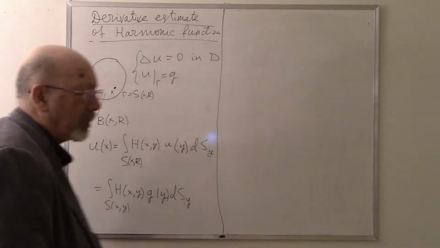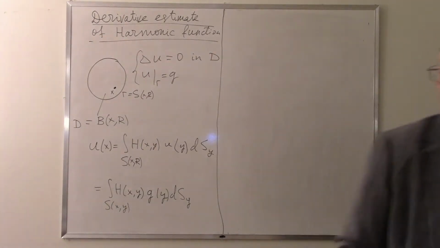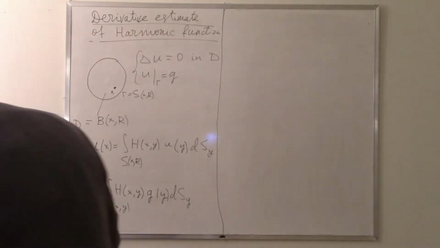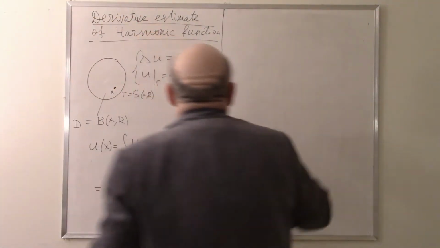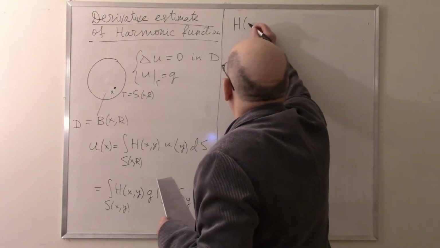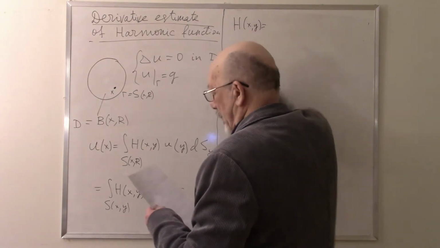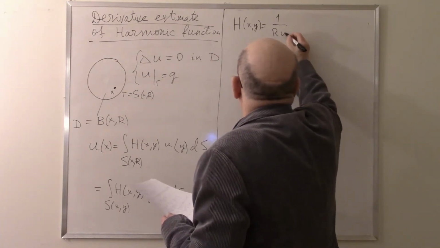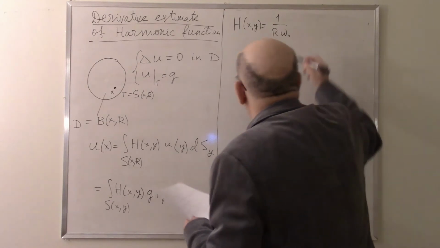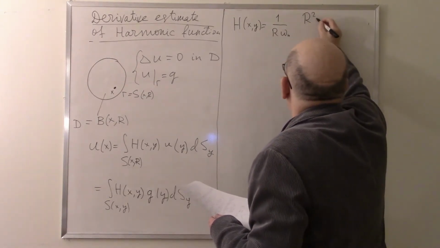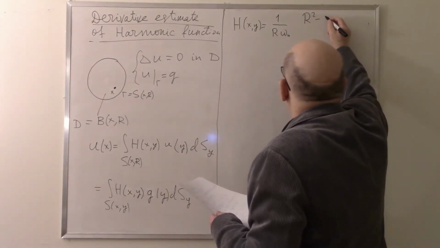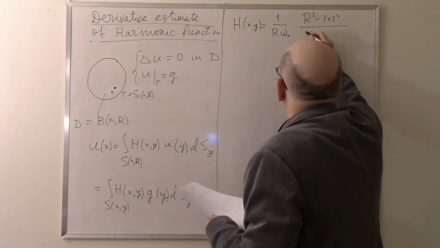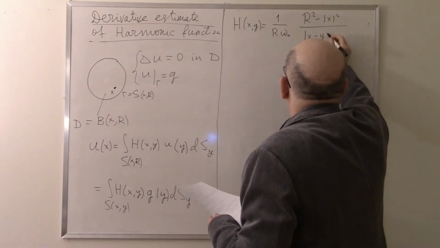So h(x, y) is the Poisson function, or it is called the Poisson kernel: h(x, y) equals 1 over r omega n times (r square minus module x square) divided by module x minus y to the power n.